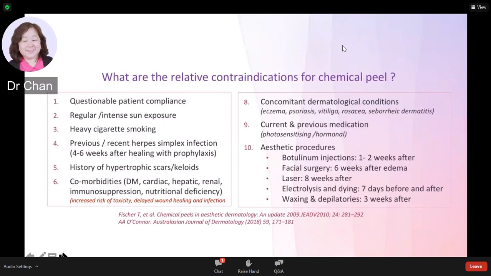Previous or current medication, especially those taking photosensitizing or hormonal drugs. Those patients who have undergone aesthetic procedures, we need to actually time the interval from this procedure before we embark on doing a chemical peel for them.